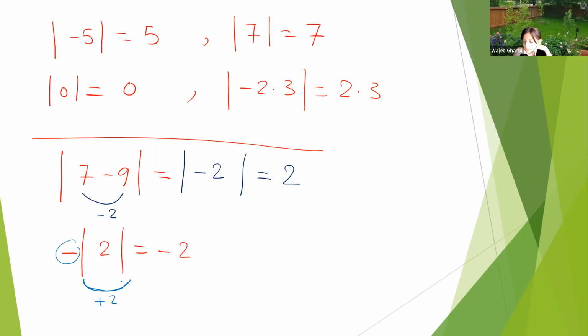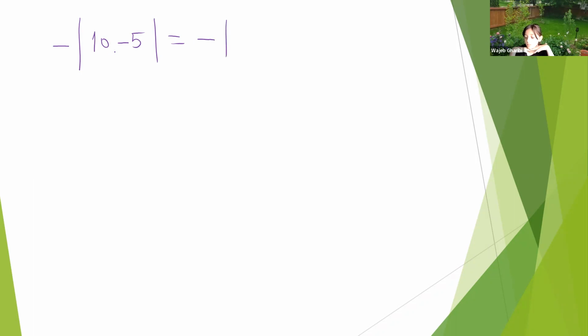For example, let me write a new slide. Negative absolute value of 10 minus 5. Here is the negative. What is 10 minus 5?